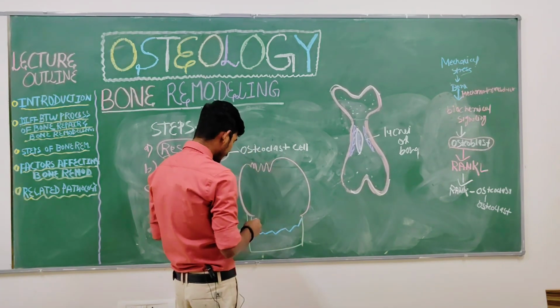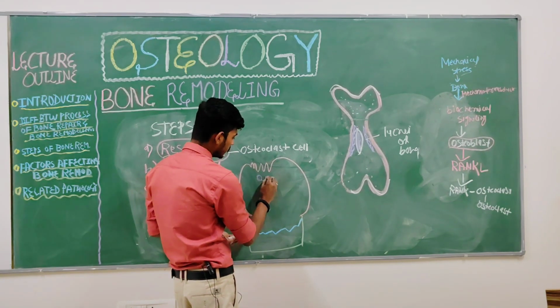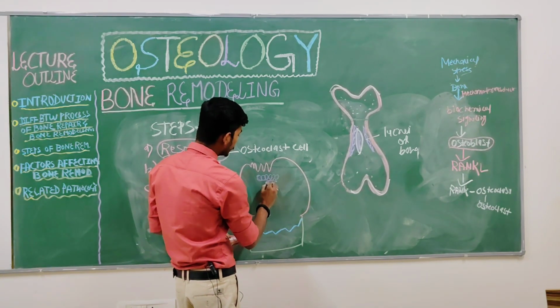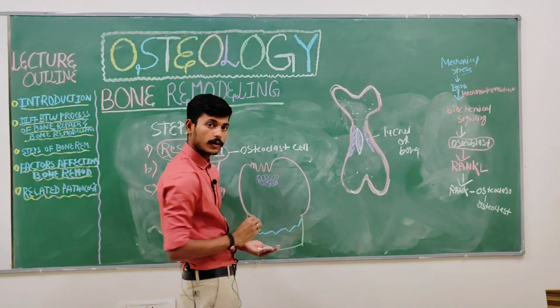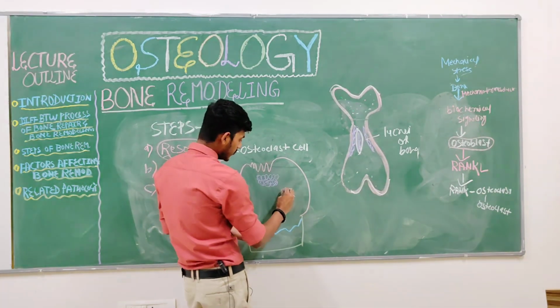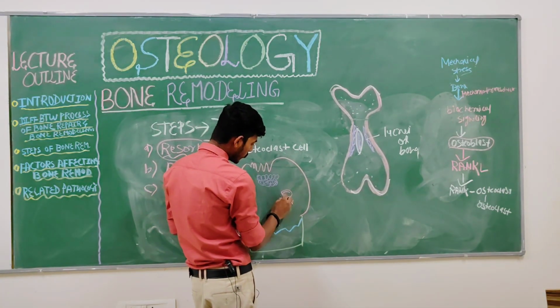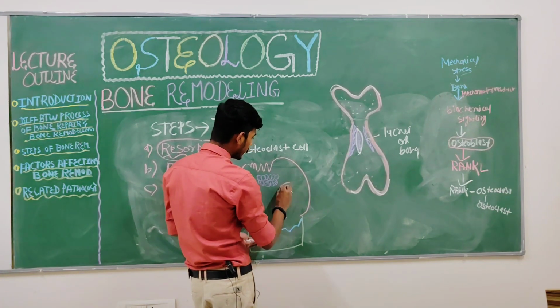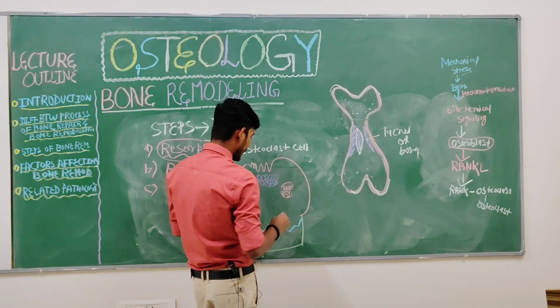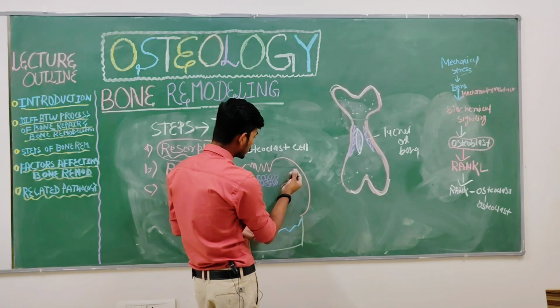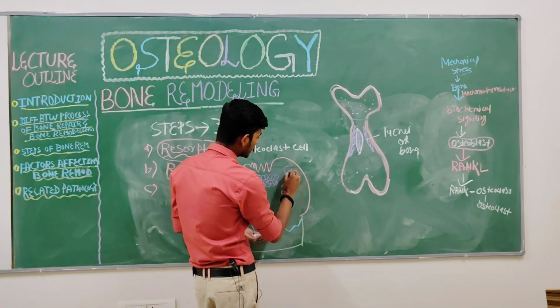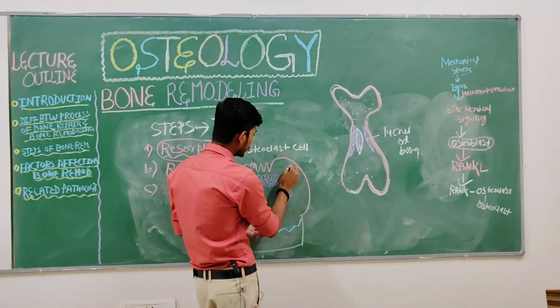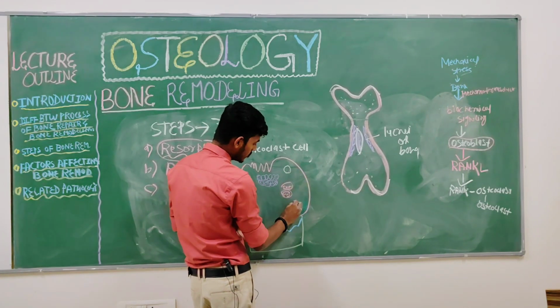Osteoclast cells, as I said, are multinucleated. First of all, it is a multinucleated cell. They possess membrane-bound mitochondria, plenty of mitochondria they have, and they also have lysosomes.